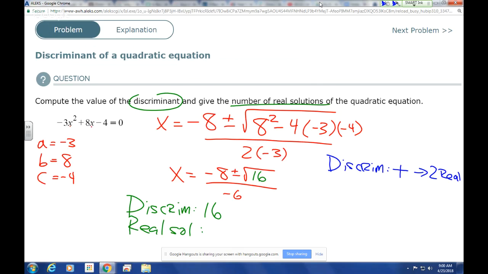Anyone want to guess the next situation? You're not positive, you're what? If you have a negative, what do you think that means? Just guess. Good.